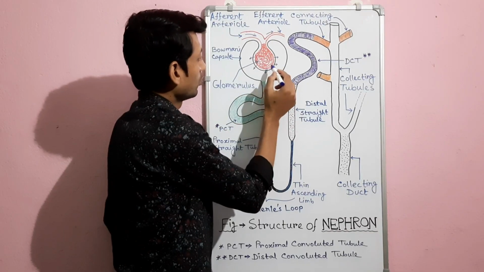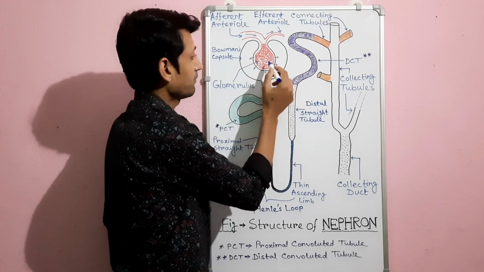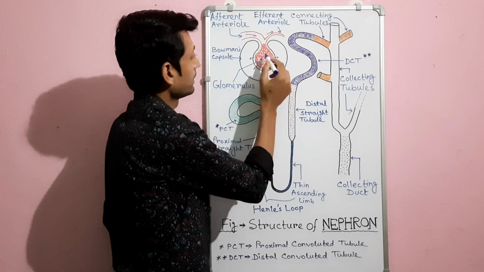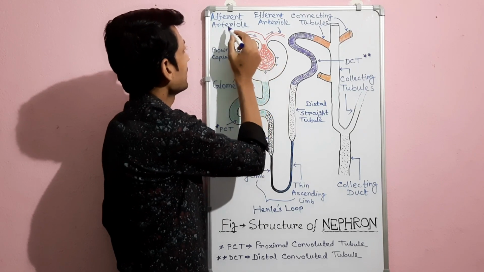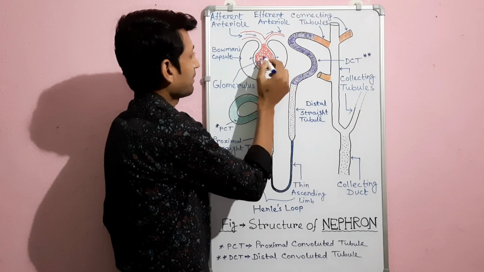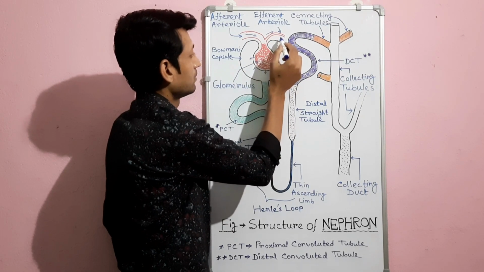This is the glomerulus. It is a tuft of capillaries composed of 10 to 20 capillary loops. The glomerulus receives its blood supply from an afferent arteriole. The glomerular capillaries exit into an efferent arteriole.